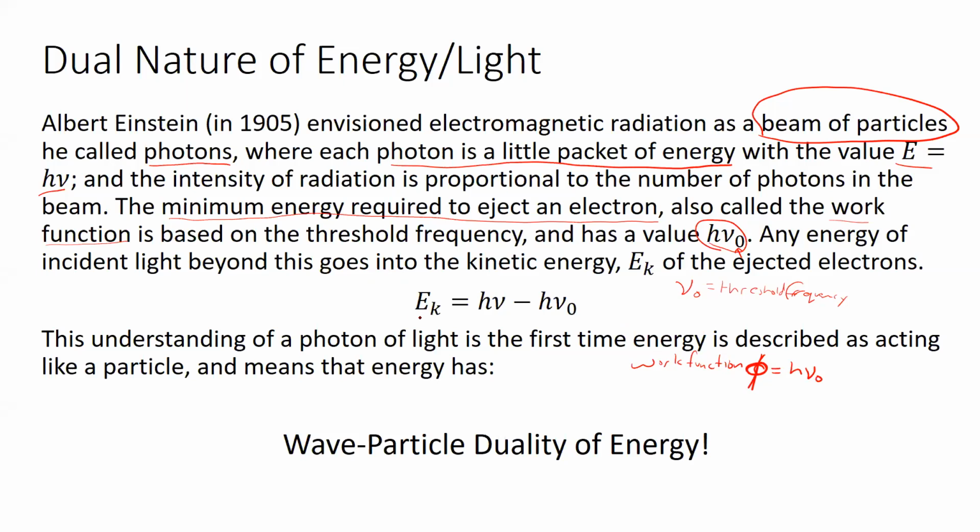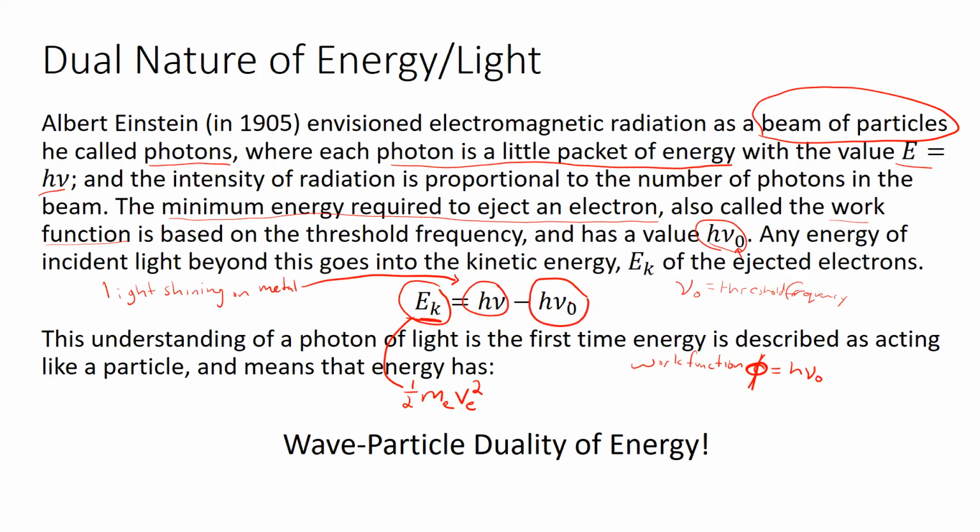And so what his equation says is the kinetic energy of the electron that's ejected, which is 1/2 the mass of the electron times the velocity of the electron squared, is going to be dependent upon the light that's shining on the metal, that part, minus this work function.